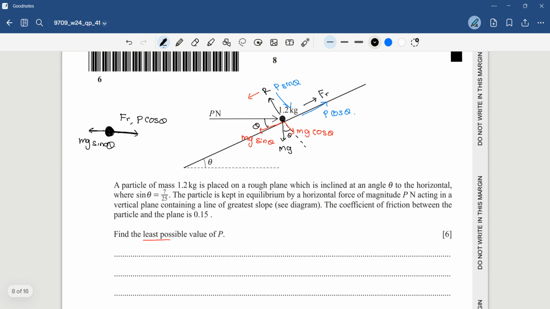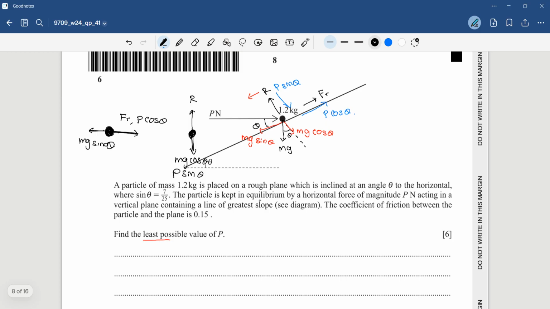Okay, on the horizontal. And for vertical there will be an R and there will be an mg cos theta and P sine theta.